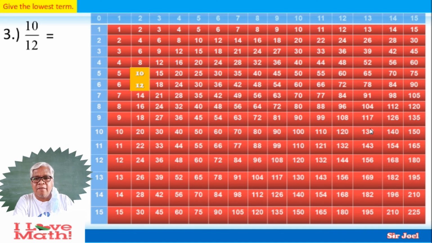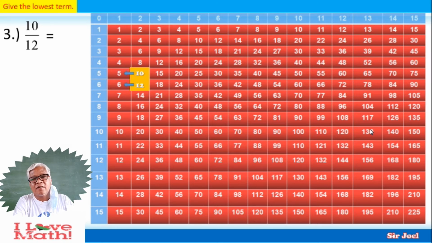So, 10/12. The common factor here is what? 2. So, what is 10 divided by 2? The answer is 5. And 12 divided by 2, the answer is 6. If you look at our table, nakaturo na siya sa 5 and 6 under column 1. Well, of course, alam natin na numbers divided by 1 is the number itself.